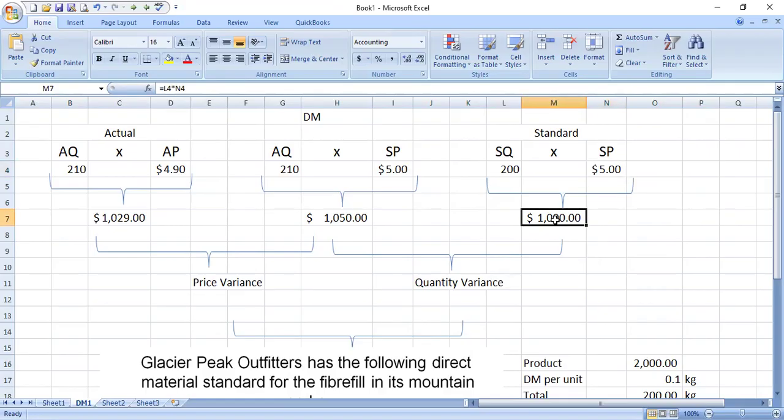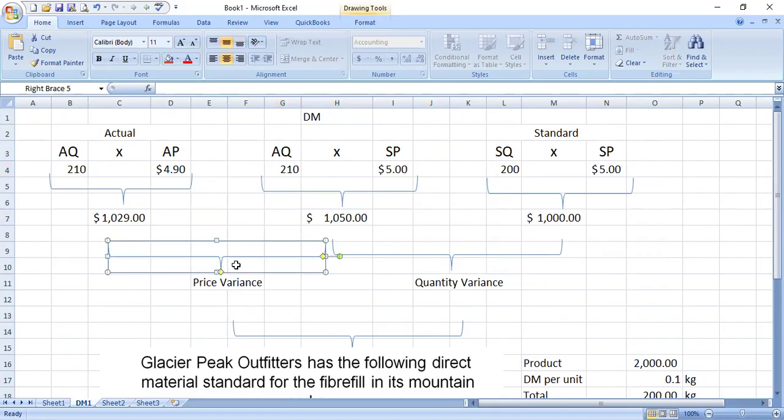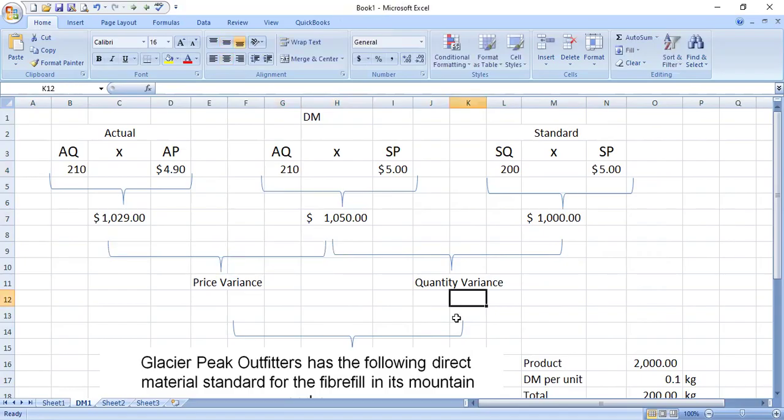In reality, I'm not using 200 kilograms of fiber fuel. I'm using 210 kilograms of fiber fuel. And I'm spending $1,050. So because of the quantity changes, my quantity variance is how much?